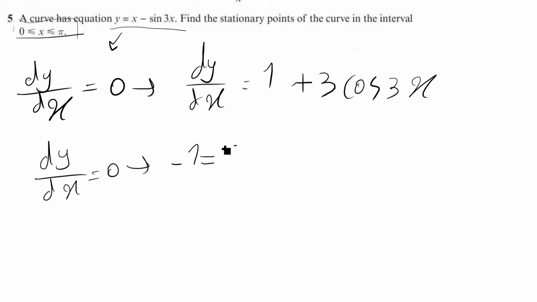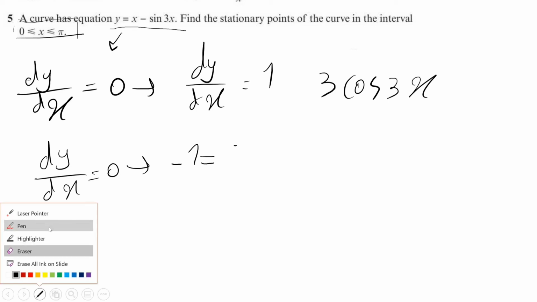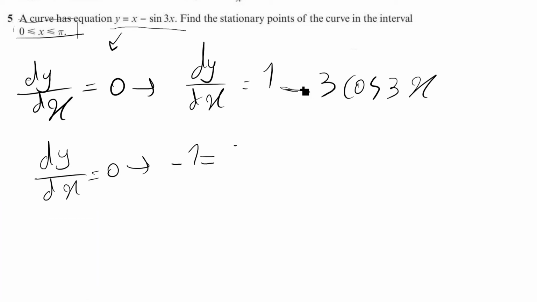Yeah, it's not positive. Sorry. Yeah, and now it's going to be 1 is equal to 3 cos 3x.